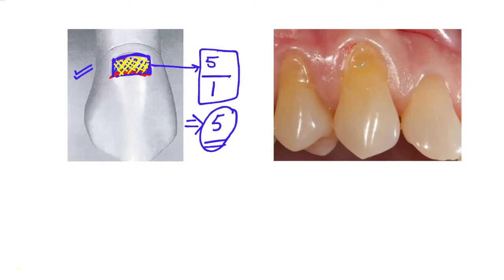But what about the C factor in case of non-carious cervical lesions, which also form class 5 lesions? For example, abrasion, erosion, abfraction. So what will be the C factor in these cases? In this case, only this prepared tooth surface will be bonded to the composite, and otherwise there are no specific line angles, point angles or walls of the cavity.